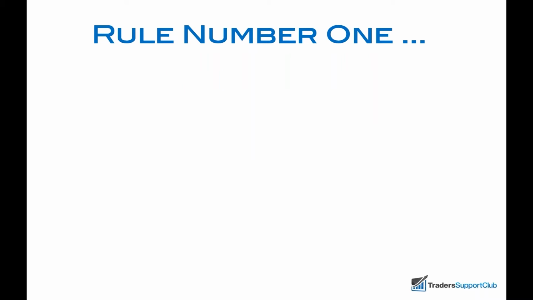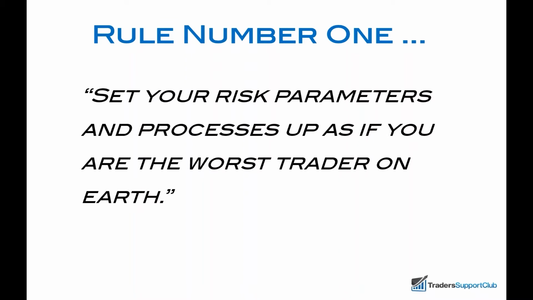So rule number 1, and this is what I teach all of my traders, is set up your risk parameters and your risk processes as if you are the worst trader on earth. So go into it expecting the worst. Imagine that you're going to hit your worst losing run that you've had, even though you've got a strategy that shows over a period of time the results are profitable.